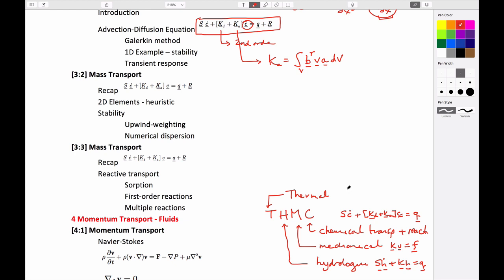It would be something like capacitance, but now of a rate of change of temperature, plus a conductance term, plus an advective term, both operating on temperatures, is equal to a thermal flux. These are all matrices and vectors.